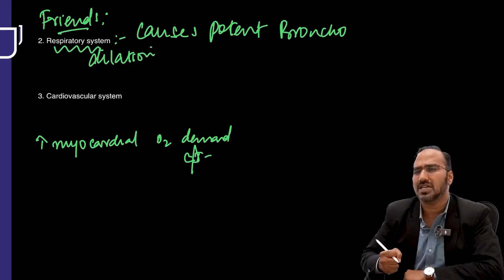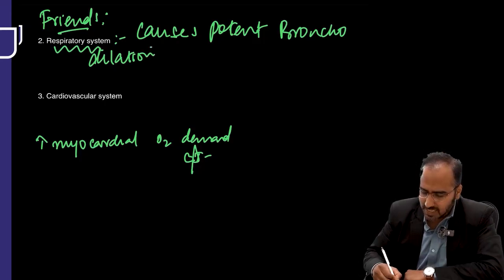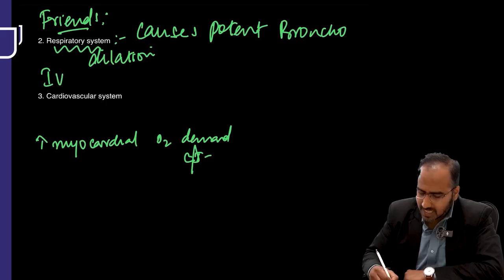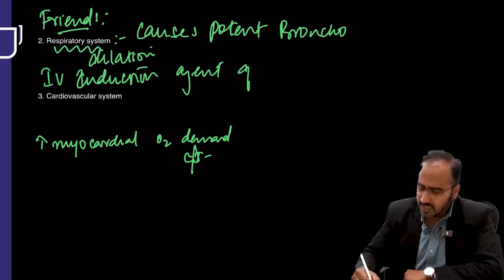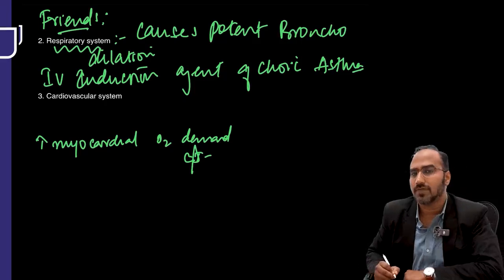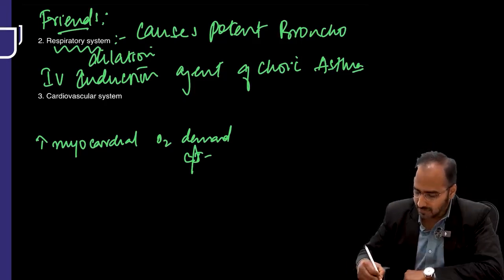As it is producing a good bronchodilation, ketamine is regarded as the IV induction agent of choice in bronchial asthma. Very, very important MCQ, guys.